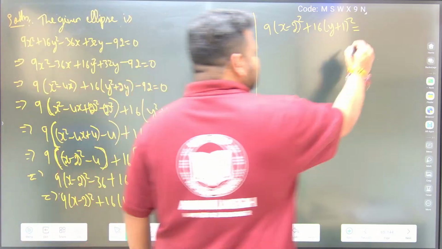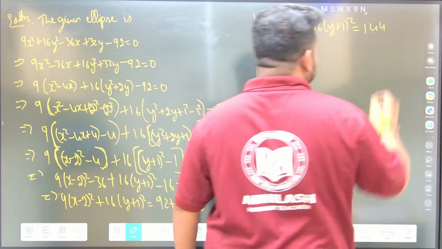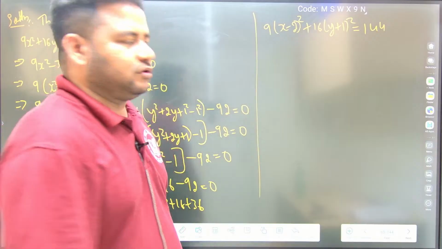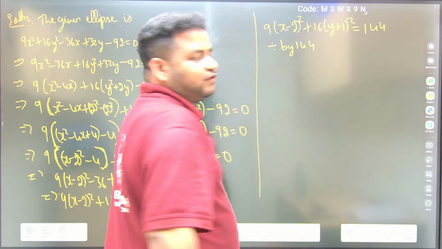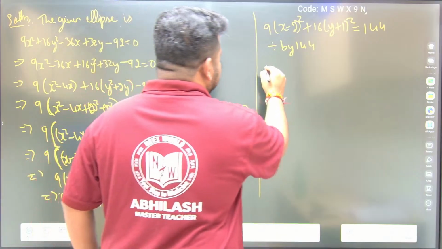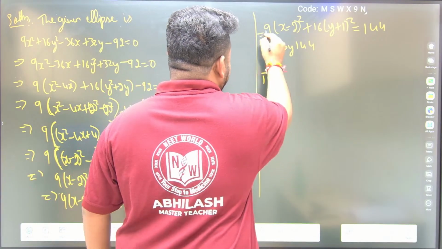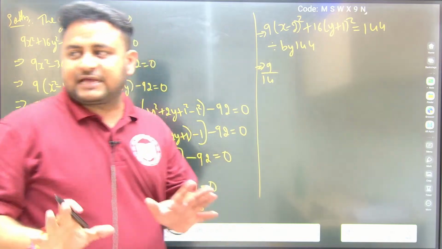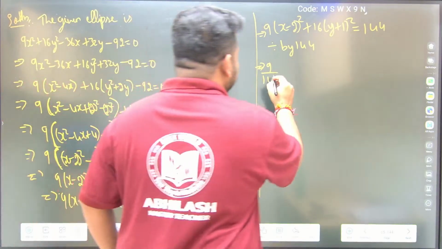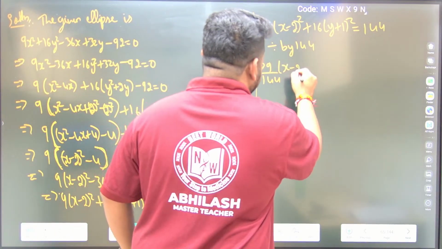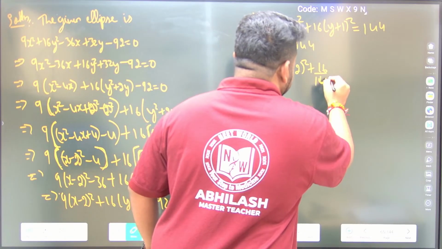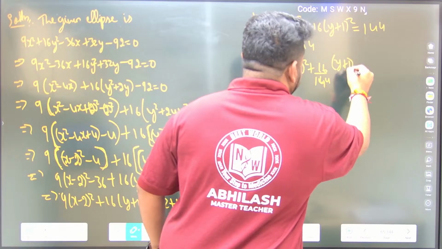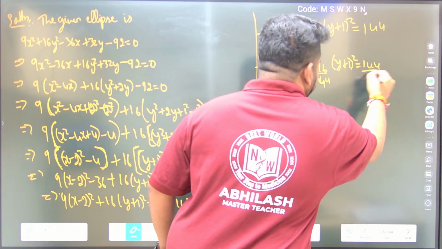So that is equal to 144. Now divide by 144 throughout. Each and every step carries marks. So we have (9/144)(x − 2)² + (16/144)(y + 1)² = 144/144.